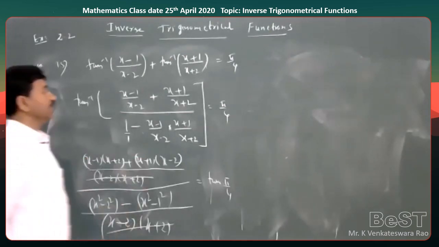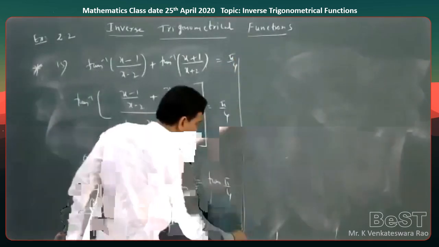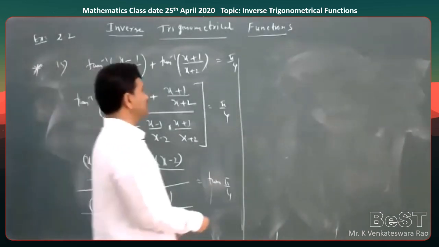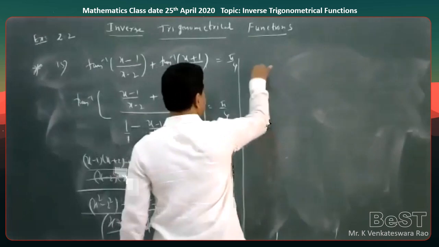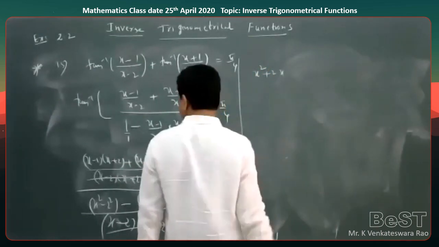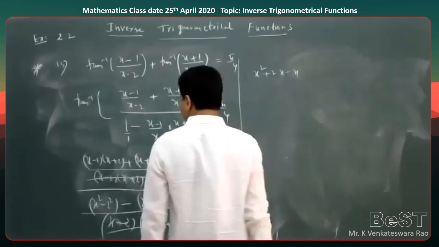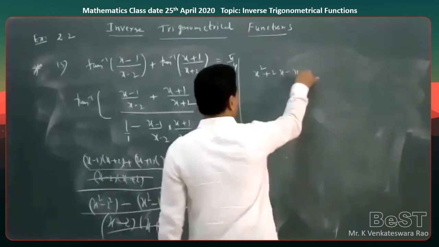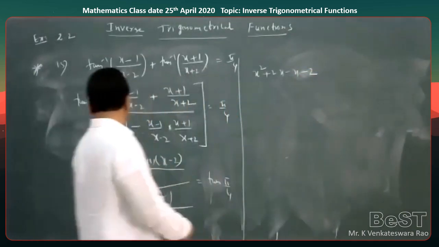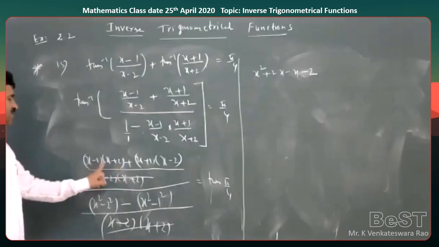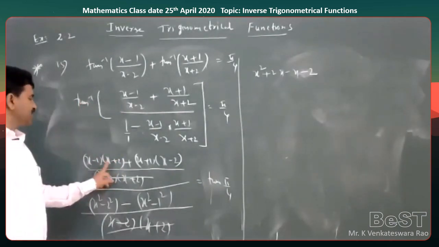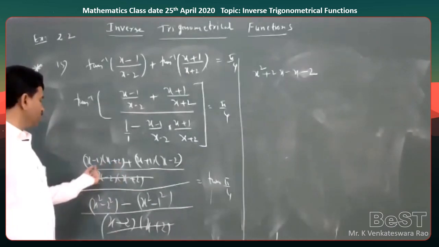Now multiplying these polynomials, x minus 1 into x plus 2. First multiplying with x: x into x square, x into 2, 2x, minus 1 into x, minus x, minus 1 into 2. Four terms you will get.